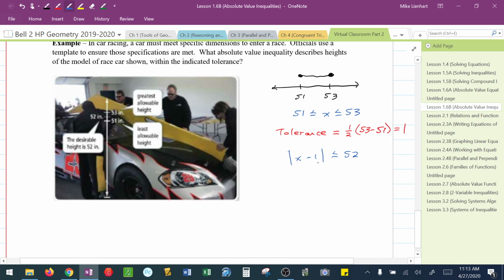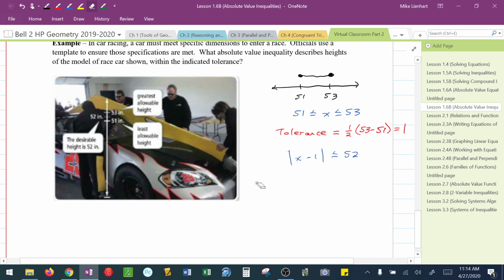If you add 1 to 52, you get 53. And how do we get that 51? Maybe this isn't the way to do it, because if you were trying to solve this out, I would have negative 52 less than or equal to x minus 1 less than or equal to 52. That's not going to work.